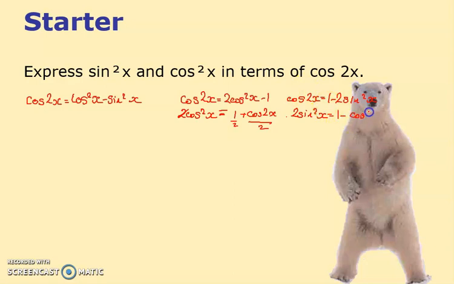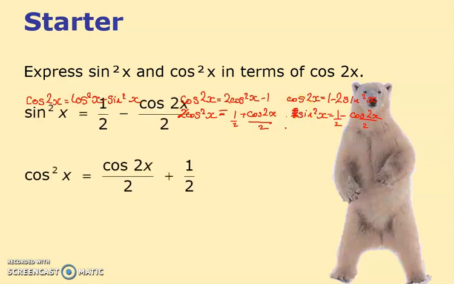So if I divide everything by 2, I get that. And you're meant to know those two versions. Mine are broadly the same as that. I think mine are written slightly better because they're easier to understand if you've got the half at the front, plus a half cos 2x, or a half at the front minus half cos 2x.